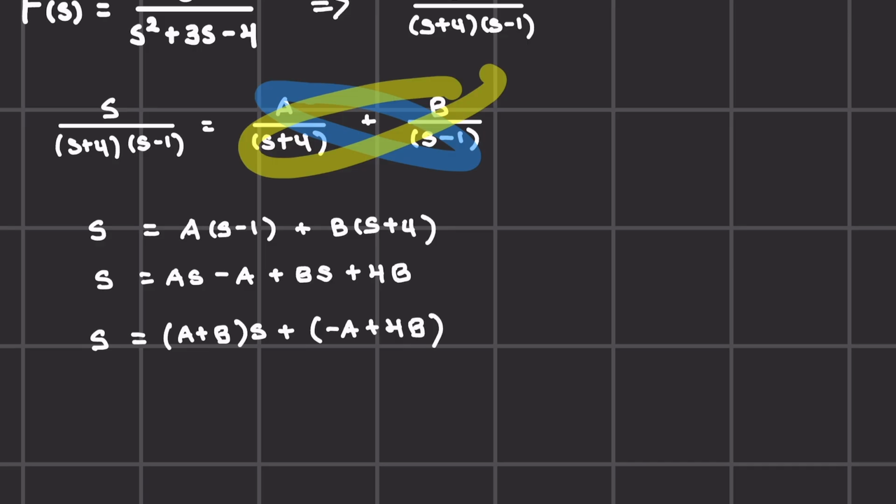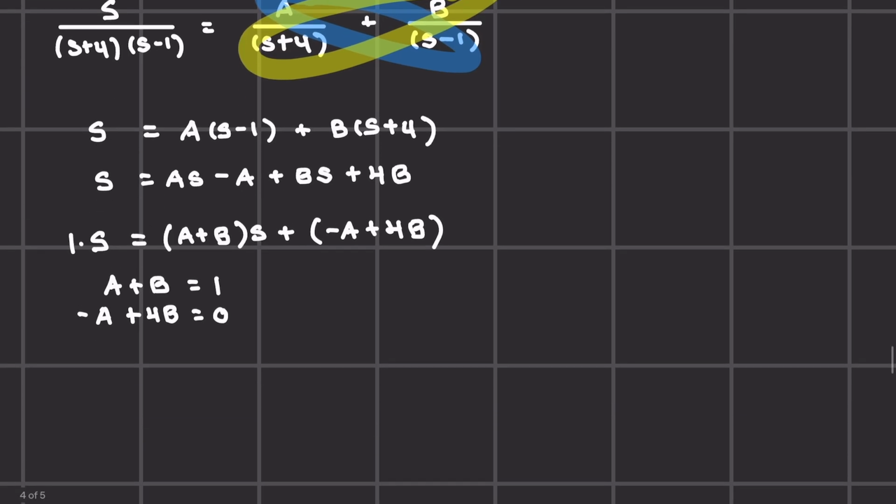All right, now we can set A plus B equal to 1, because the coefficient of s on the left is just 1. And for our second one, we have negative A plus 4B equals 0, because we do not have a constant on the left hand side. Now we just need to solve this system of equations.